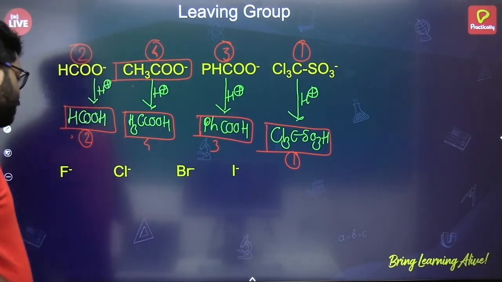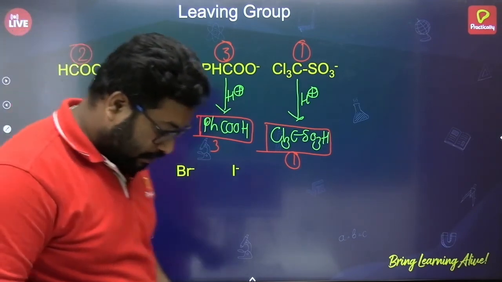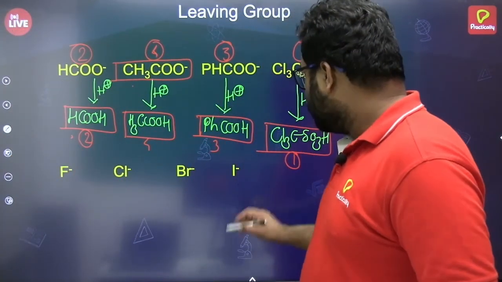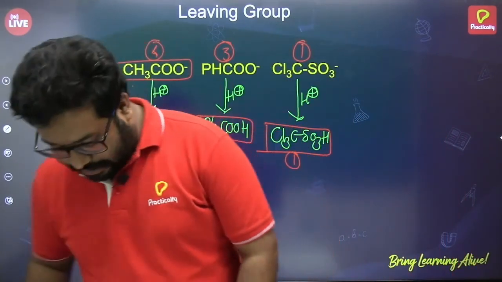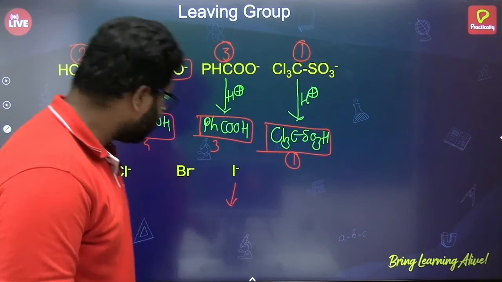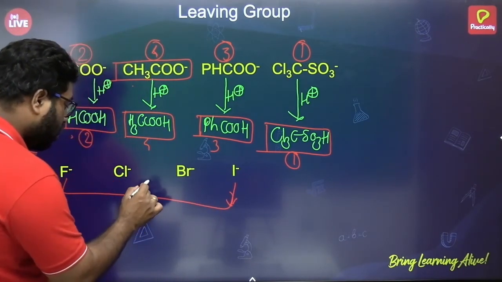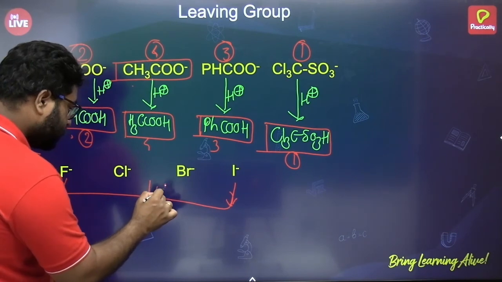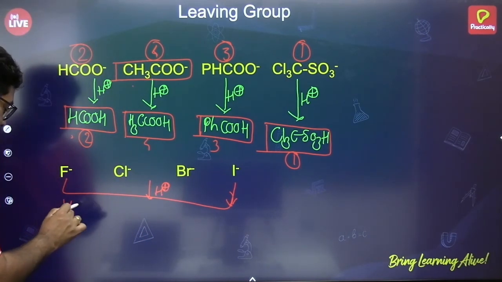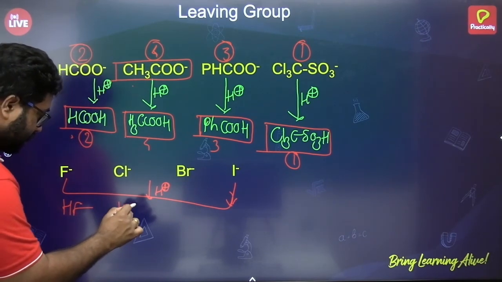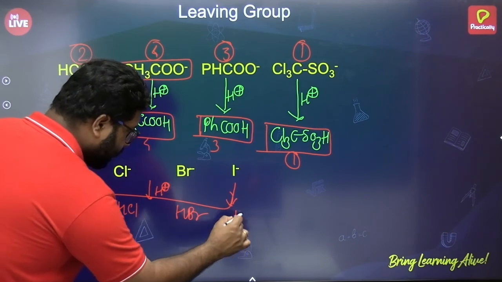Now look at these 4. Here the picture is very, very easy. Let me tell you. As soon as you put an H plus ion into all of these, what do you get? You get HF, HCl, HBr, and HI.